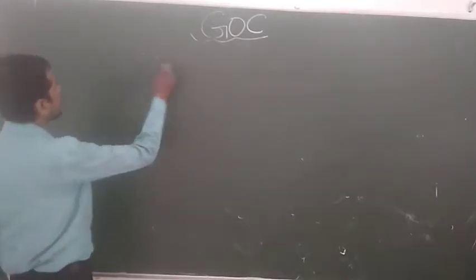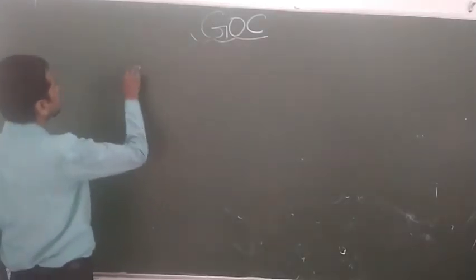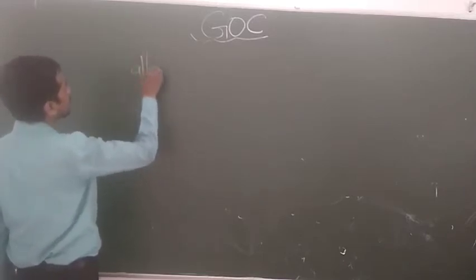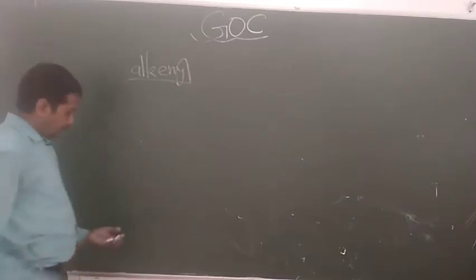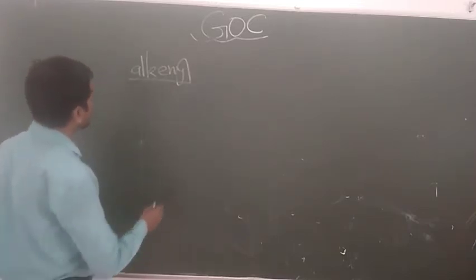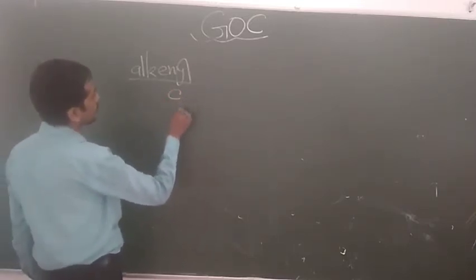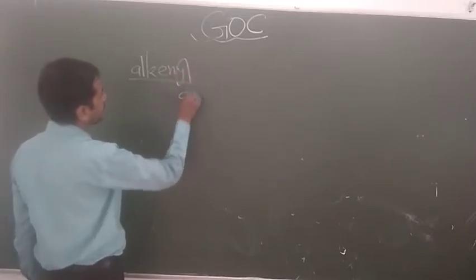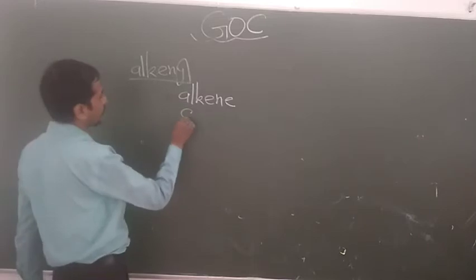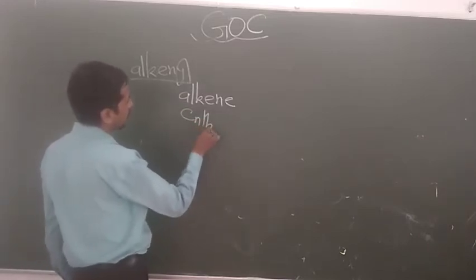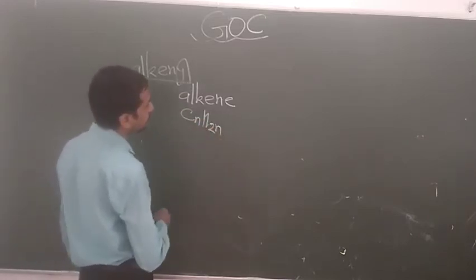Now the next group, from alkene, is known as alkenyl. So look at here how this will form. You know that the formula of alkene is CnH2n.